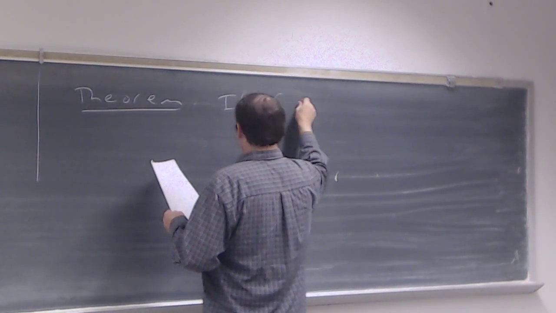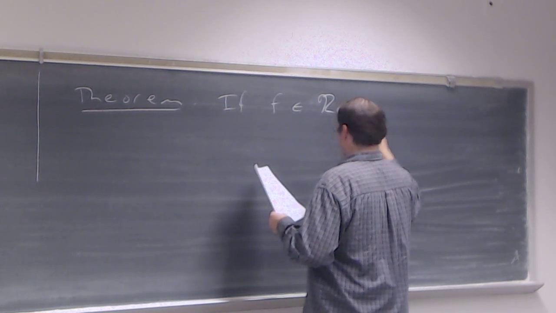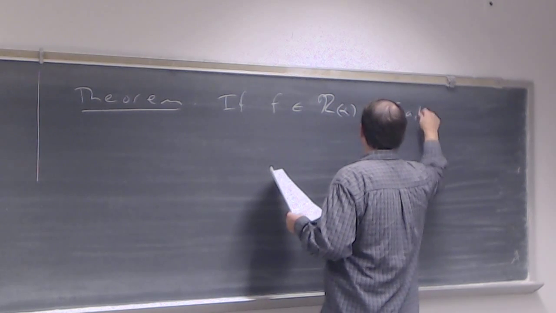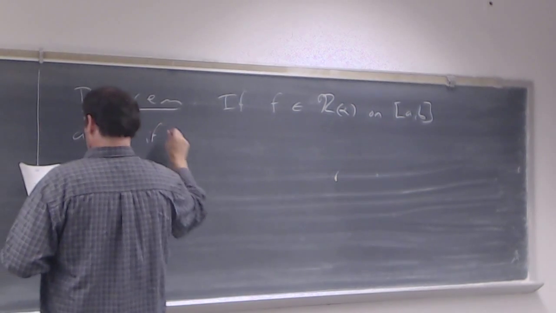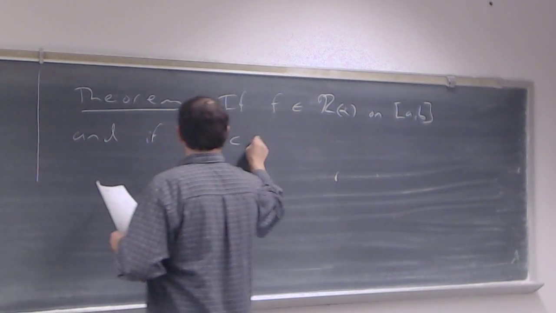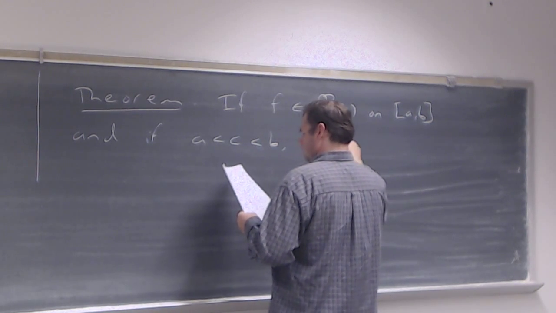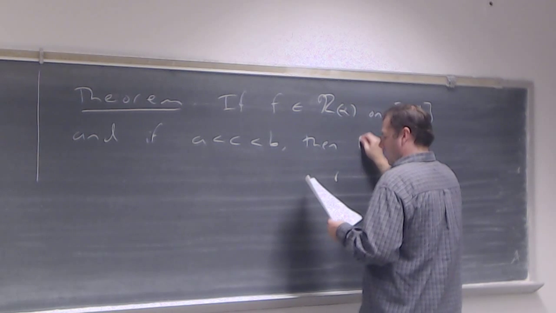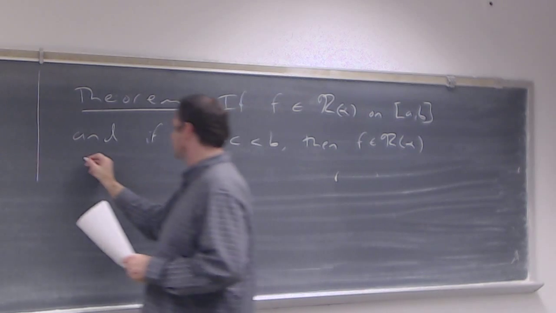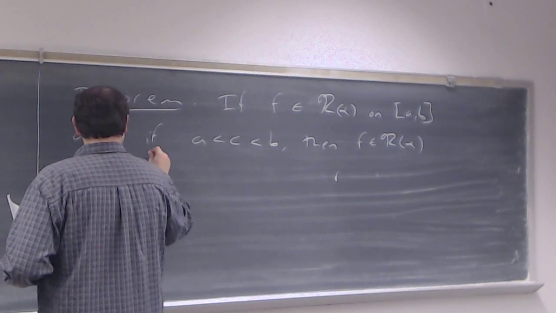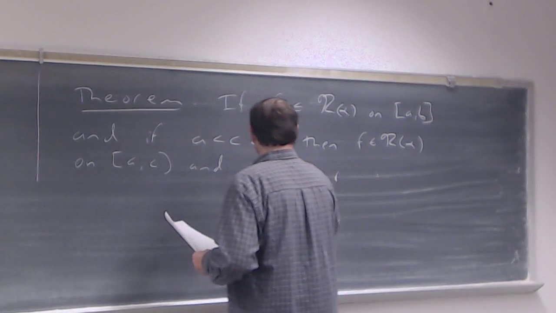If f is Riemann-Stieltjes integrable on [a,b], and if a is less than c is less than b, then f is Riemann-Stieltjes integrable with respect to alpha on [a,c] and separately on [c,b].